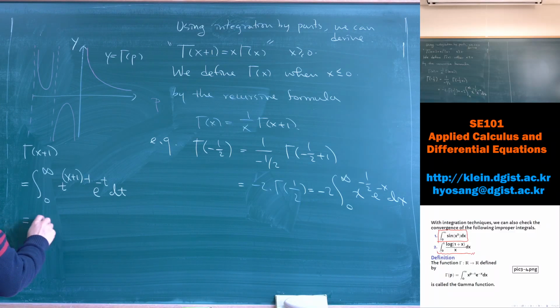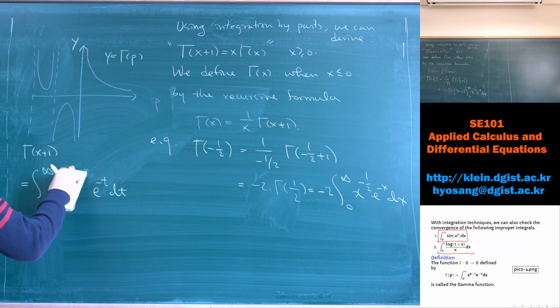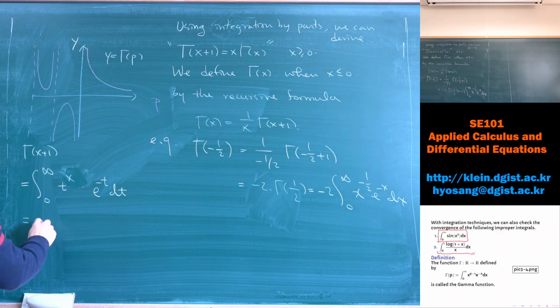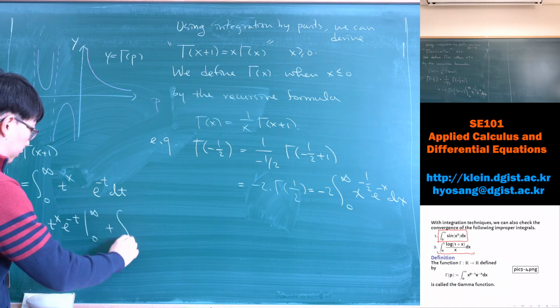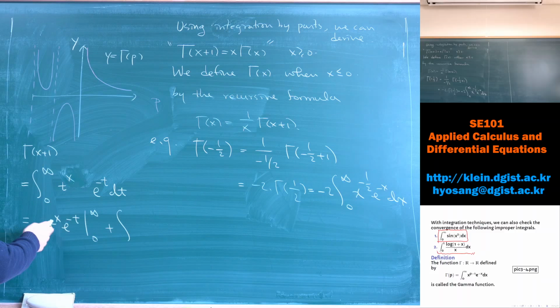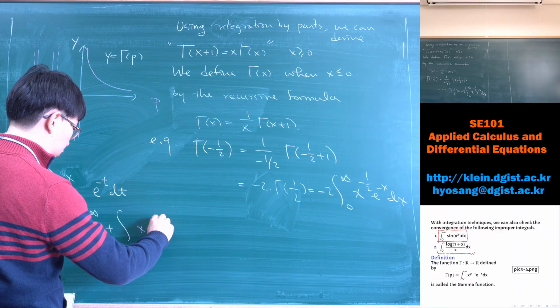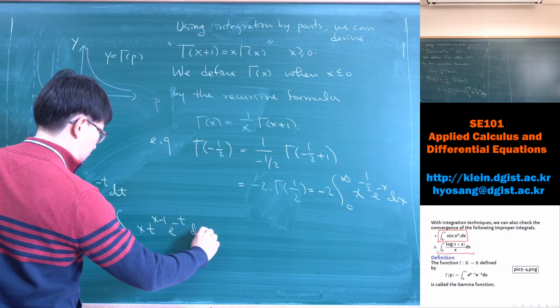Let's rewrite this: t to the x times e to the negative t. Using integration by parts, this is t to the x times negative e to the negative t, evaluated from 0 to infinity, plus the integral of the derivative of the t part, x t to the x minus 1 e to the negative t dt.